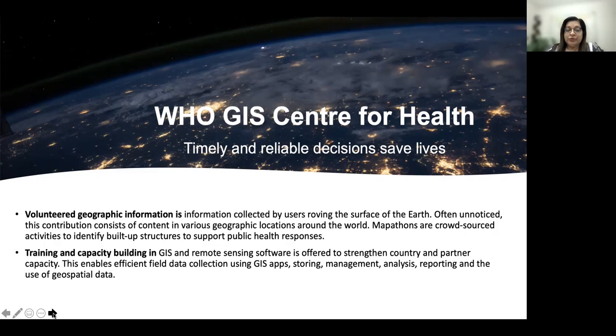Apart from these, the World Health Organization has training and capacity building in GIS and remote sensing to strengthen country and partner capacity. This enables efficient data collection using GIS apps, storing, management, analysis, reporting, and the use of geospatial data.